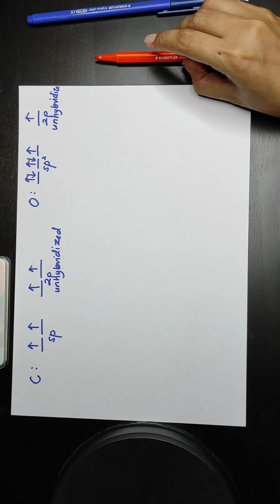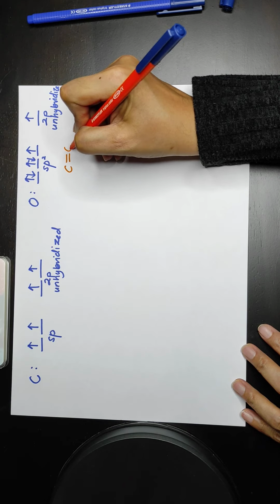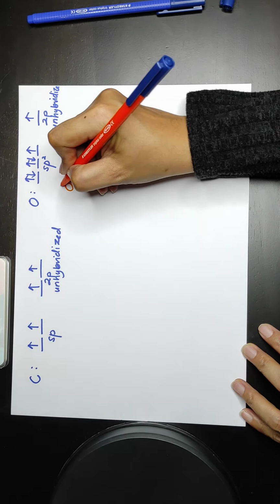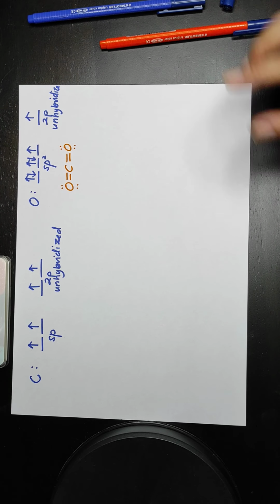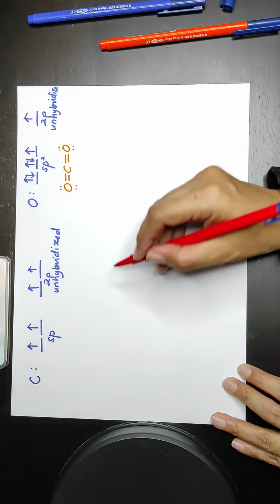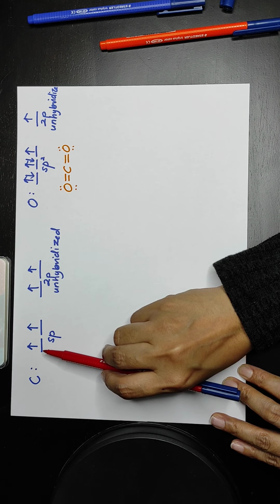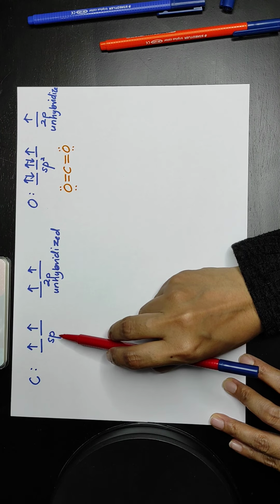Let's start with the central atom, right? The central atom is the carbon atom. So this is the Lewis structure as a reference. Let me use this red color of marker. Carbon atom undergoes sp hybridization, so it has sp hybrid orbitals.